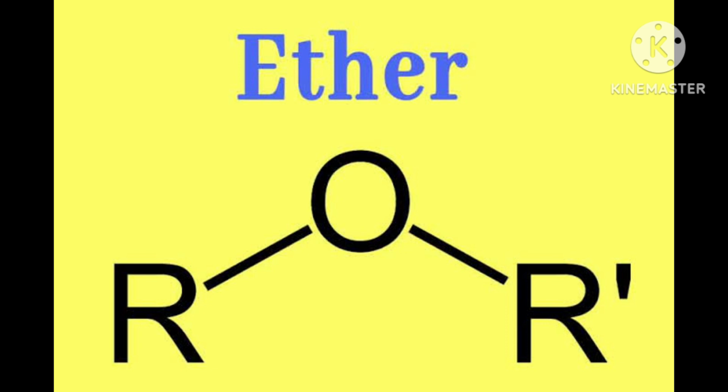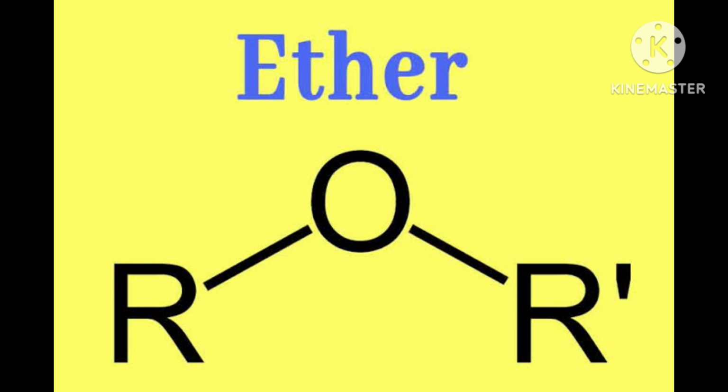Then the example I have told you: normal pentane, ethoxyethane, butan-1-ol. If you compare all three, normal pentane means CH3 (CH2)3 CH3. This is actually an alkane. Its boiling point is 309.1.